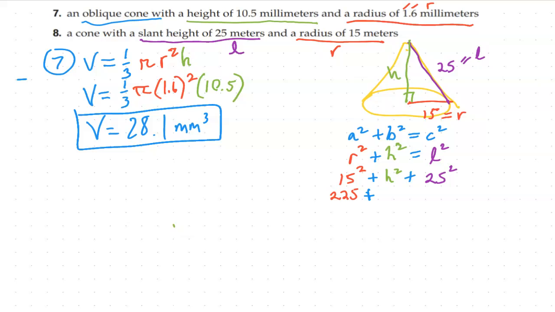Let's fix that really quick. That's supposed to be equals. I don't know the height squared yet, so I'm just going to leave that. That's what I'm solving for. And 25 squared is 625.